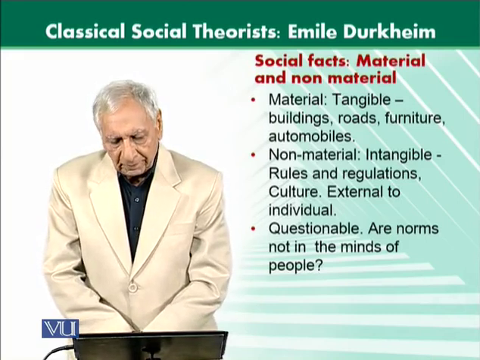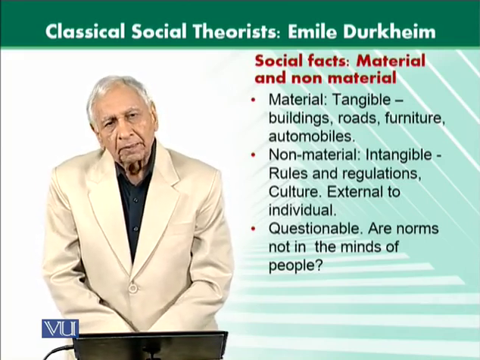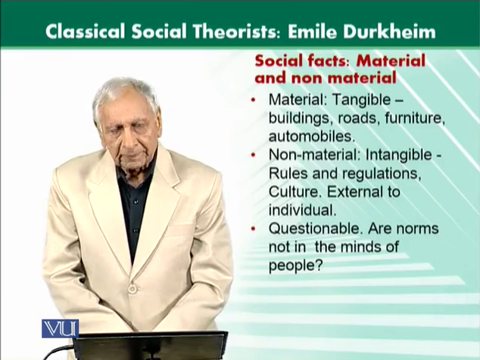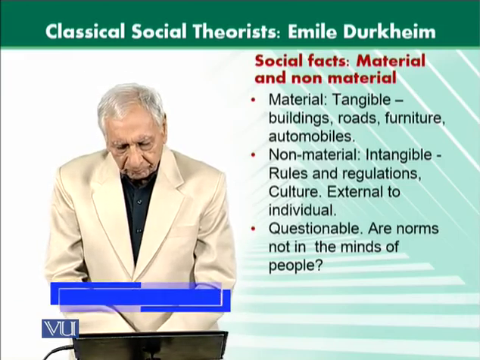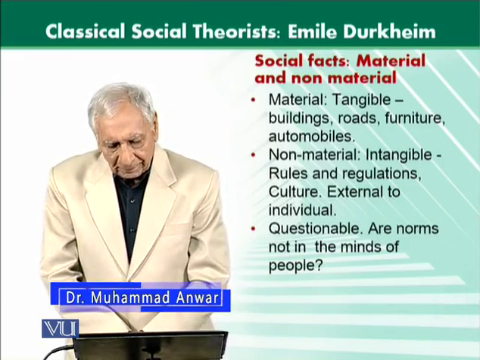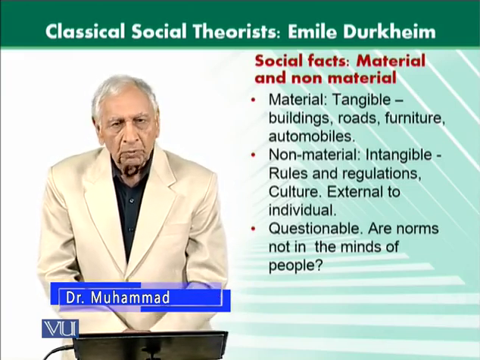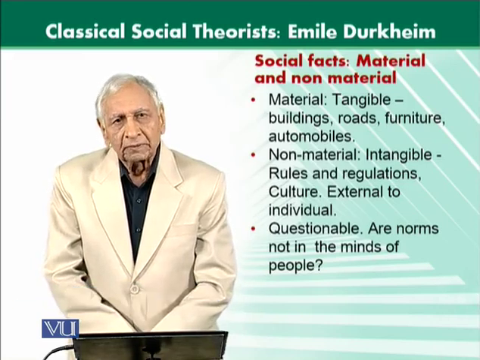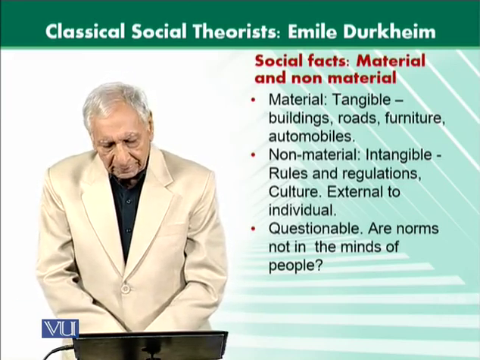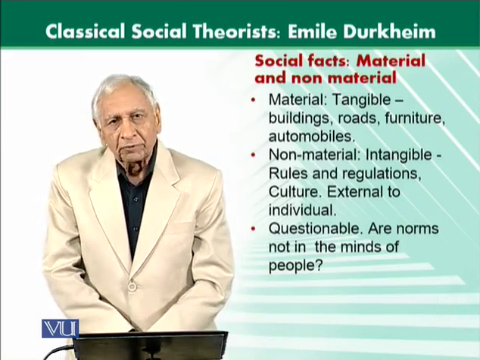Non-material are intangible. Examples could be the rules and regulations, the culture. We see that these are external to the individual. Both the social facts, tangible as well as intangible, are external to the individual.